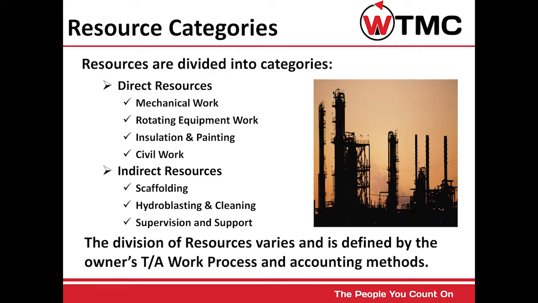The division of resources varies and is defined by the owner's turnaround work process and accounting methods. This division is philosophical in nature and can be defined by the owner's work processes from site to site.